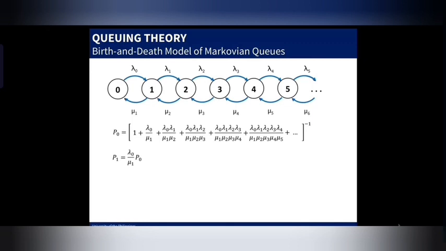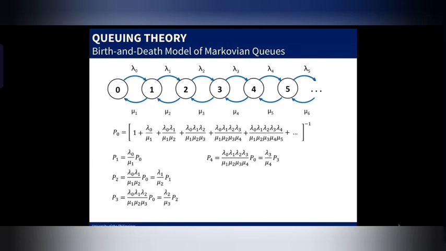P1 is equal to lambda naught over mu 1 times P naught. P2 is equal to lambda naught lambda 1 over mu 1 mu 2 times P naught, or lambda 1 over mu 2 times P1. P3 is equal to lambda naught lambda 1 lambda 2 over mu 1 mu 2 mu 3 times P naught, or lambda 2 over mu 3 times P2.